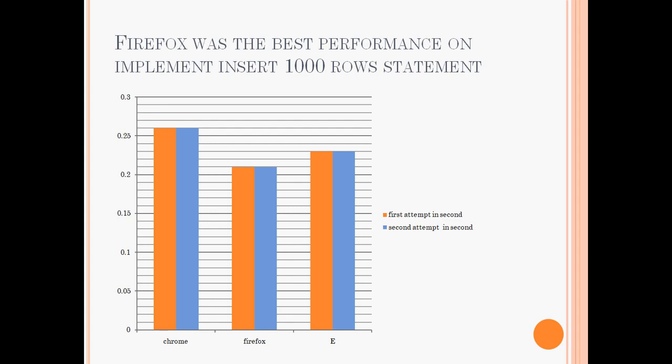Firefox had the best performance on the insert 1000 rows statement, and in the chart, the red color represents the first attempt in seconds and the blue color represents the second attempt in seconds, and it shows Firefox took the lowest time to implement the 1000 row statement.